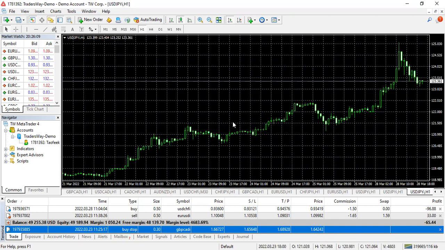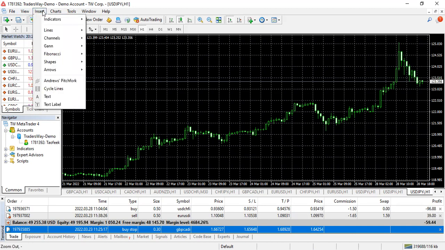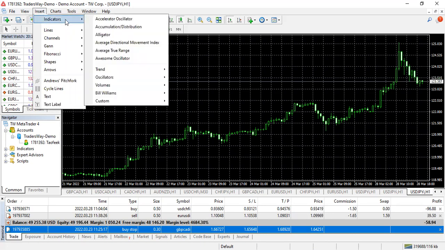So to plot indicators in your MT4, we are going to come to somewhere here like this. This is just a shortcut, but you can still come to Insert, then come to Indicators here, and as well you can still come here like this.